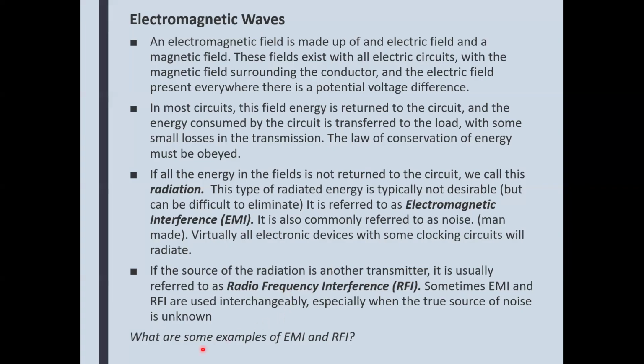All right, what are some of the examples of EMI and RFI? Well, EMI, electromagnetic interference. Anything. A fridge could be electromagnetic interference. A Volkswagen drives by. That could be a source of electromagnetic interference. A car driving by has an engine that produces noise.